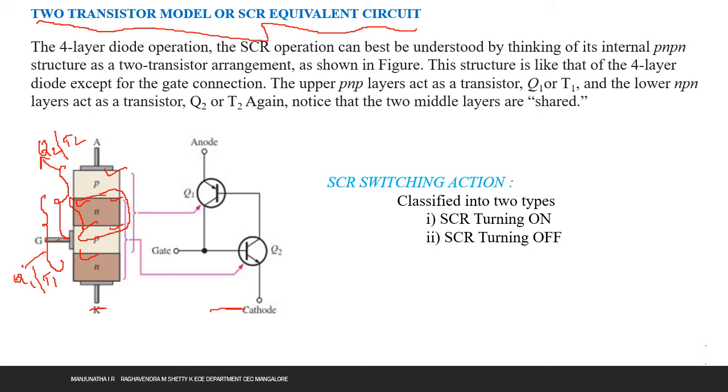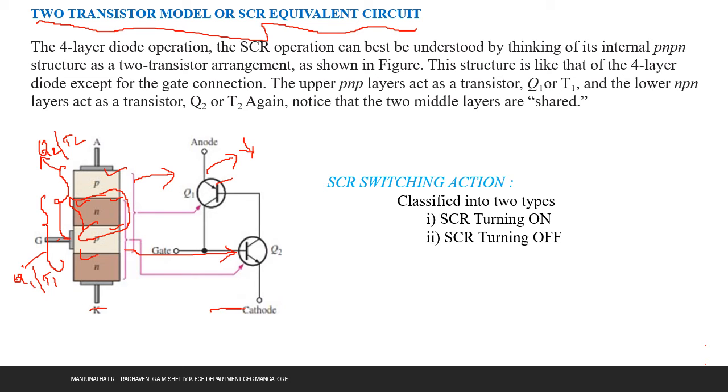Q2 has the PNP structure, and transistor T1 has NPN. For a PNP transistor we can make the difference here: the arrow mark is heading towards the base, so I can easily identify this transistor as PNP.